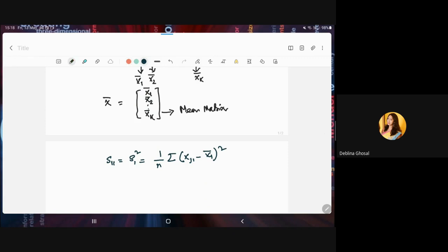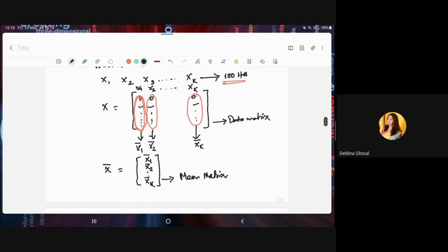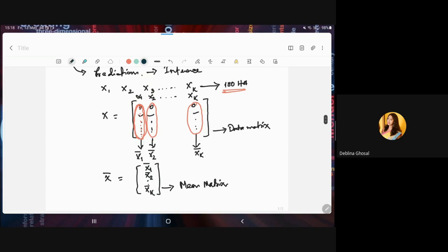Similarly, you can find out S22, and by this way you can find out the variances for all the k variables: S11, S22, and SKK, or S1 square, S2 square, and SK square. Not only the variances, look, we can find out the association between x1 and x2, between x1 and x3, between x2 and x3. By this way, we can find out different combinations.